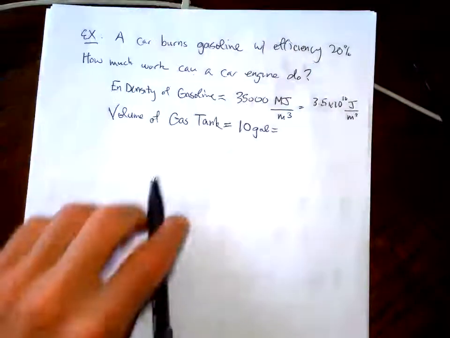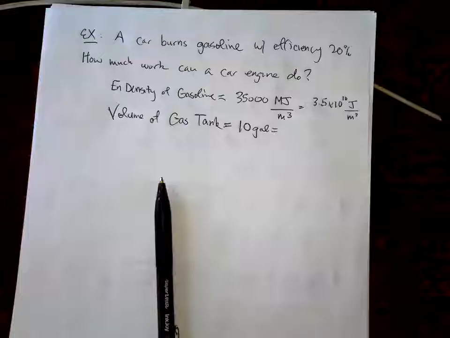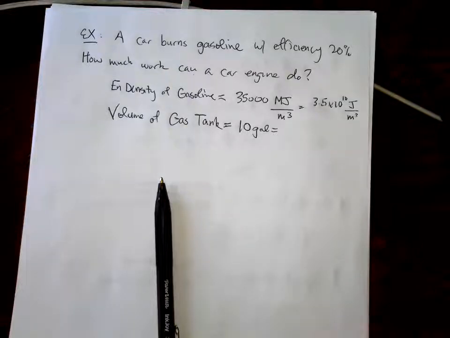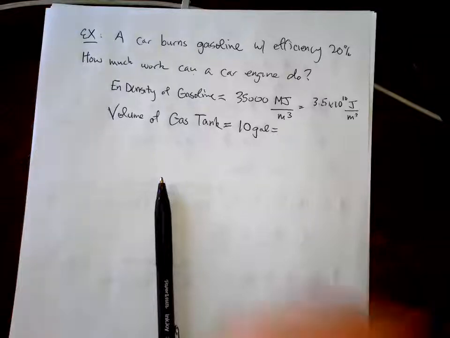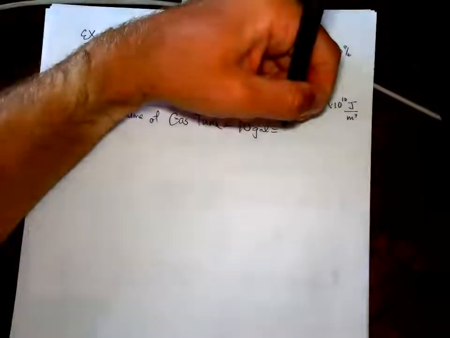That's not in cubic meters. So 10 gallons to cubic meters, I'm typing into Google, and it's 0.038 cubic meters.